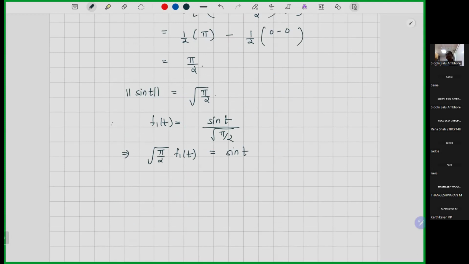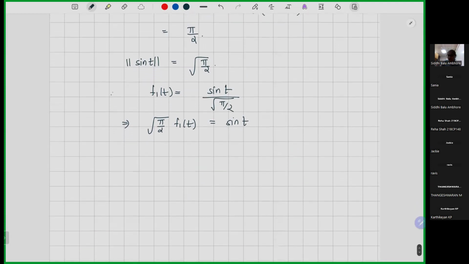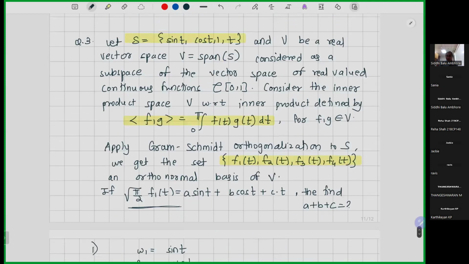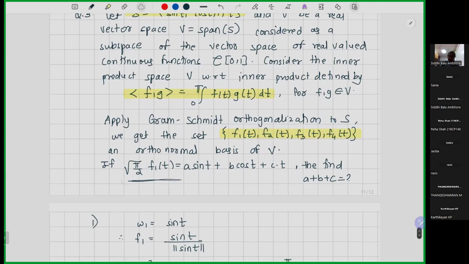So I can just write this as 1 into sine t plus 0 into cos t plus 0 into t, right? Because I wanted to express f1 like this.